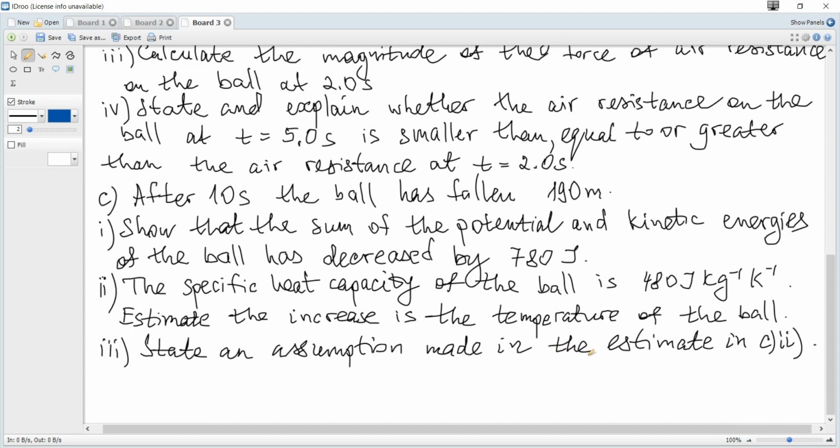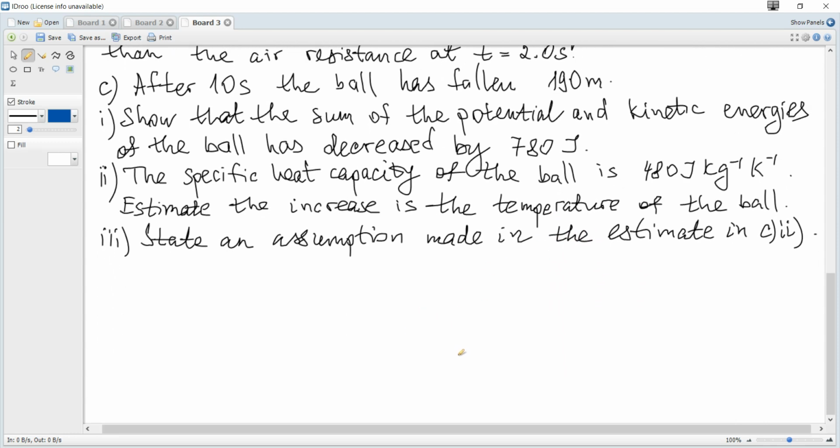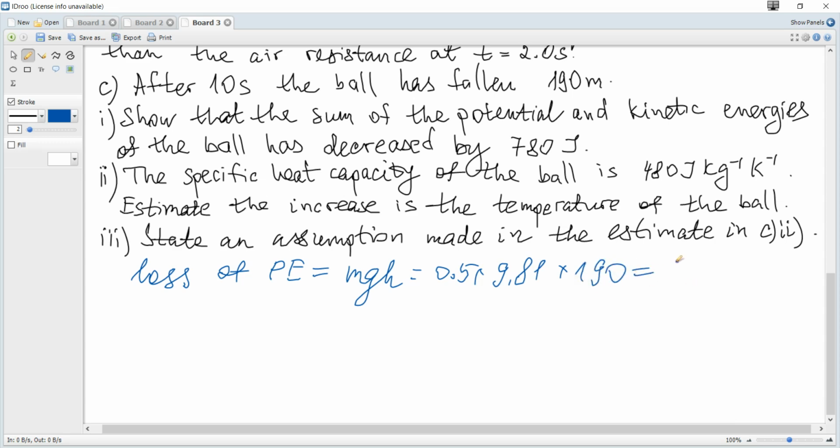After 10 seconds, the ball has fallen 190 meters. Show that the sum of the potential and kinetic energies of the ball has decreased by 780 joules. If we consider a point at the Earth's surface, we can say that the loss of potential energy is equal to mgh, which is 0.5 times 9.81 times 190, equal to 932 joules.